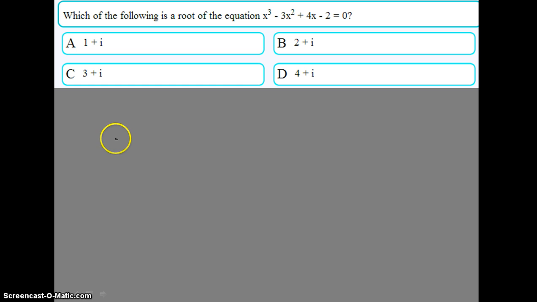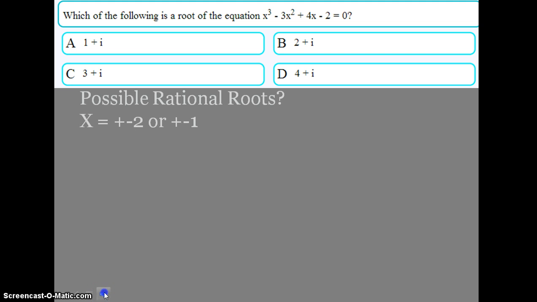Which of the following is a root of the equation x cubed minus 3x squared plus 4x minus 2? All right, so let's talk first about the possible rational roots that we've done in the previous lesson. So remember that we take these factors of -2 and the factors of 1 and make ratios out of them.